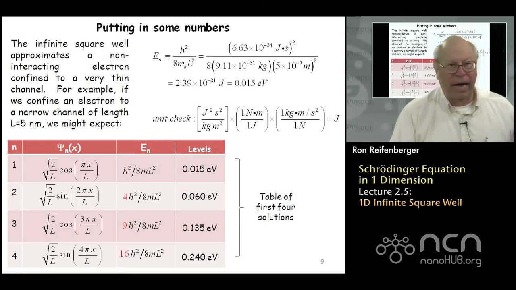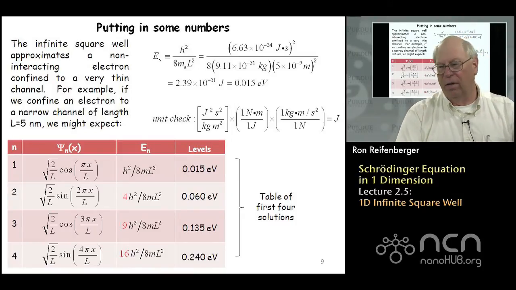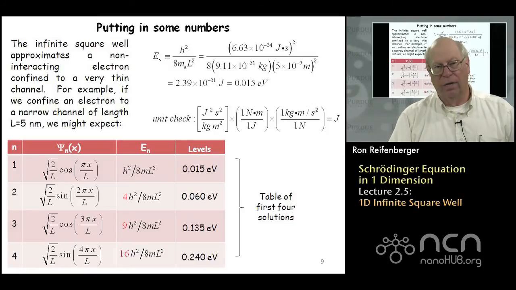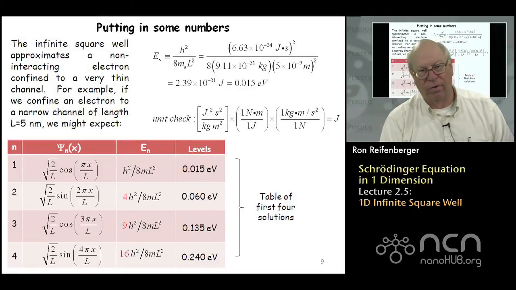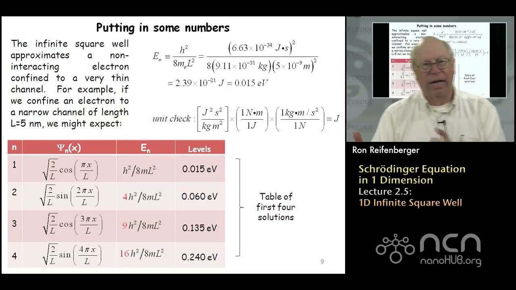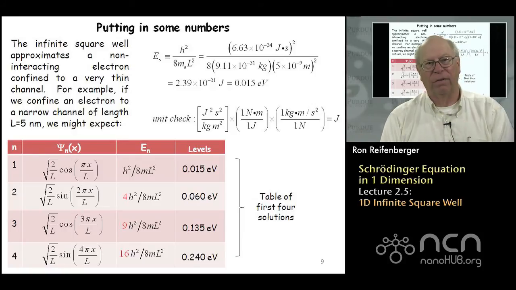So you should be able, after this lecture, to take a width of a barrier, width of a well, and evaluate the allowed energy levels for a particle of mass m in that well using the results that we've derived in this lecture. And this is the essence of the quantum mechanics of the infinite square well.